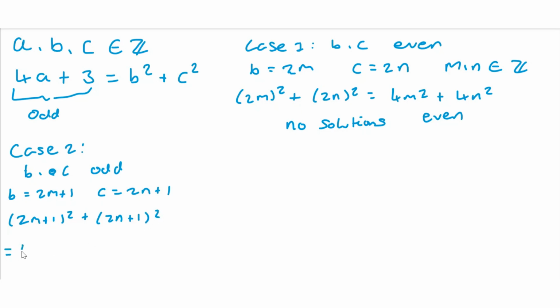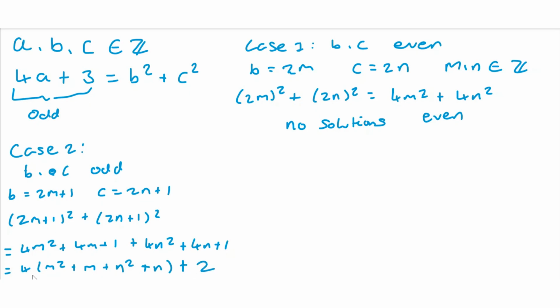That's going to be 4m squared plus 4m plus 1 plus 4n squared plus 4n plus 1. That is equal to 4(m squared plus m plus n squared plus n) plus 2. This bit's even, this bit's even. So again, the right hand side's even, so there's no solutions in this region.